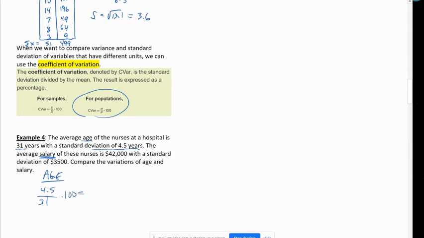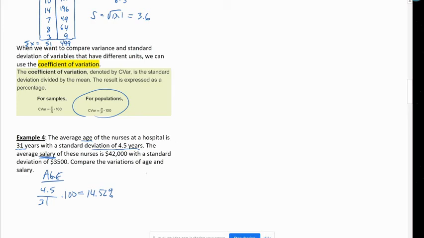That is 14.52%. So that compares the variation to the average, and the standard deviation is 14.52% of the mean.